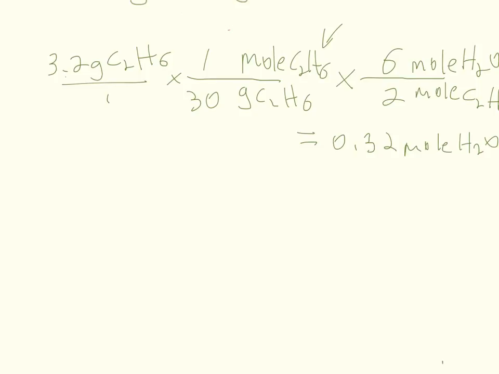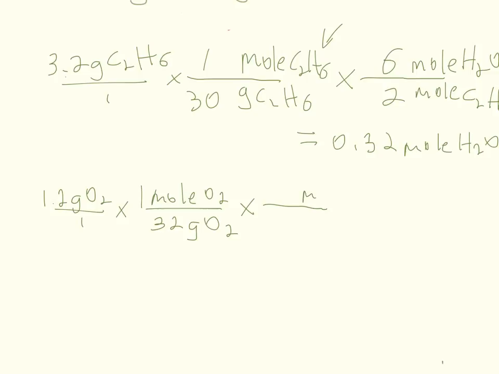Now we're going to do the exact same thing, but for the oxygen that we have. So I'm going to start with my 1.2 grams of O2, put it over 1, times 1 mole of O2 per its formula mass. The formula mass of oxygen is 32 grams per mole. So we get rid of the grams of oxygen. And then that last step, again, we're asking about water.